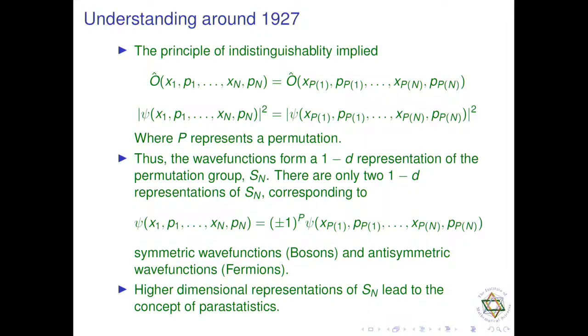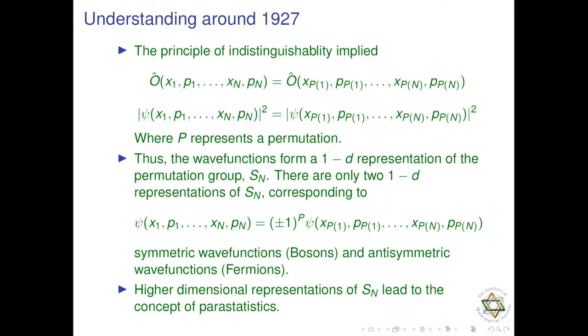That the indistinguishability principle said that observables should be symmetric functions of positions and momenta. Then the mod square of the wave function should be symmetric under permutations.